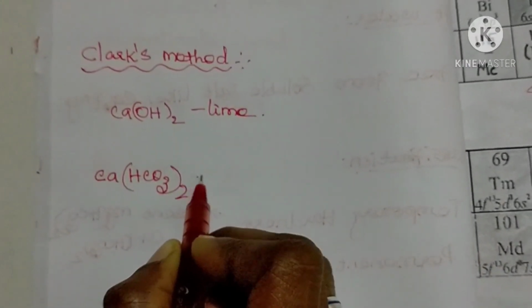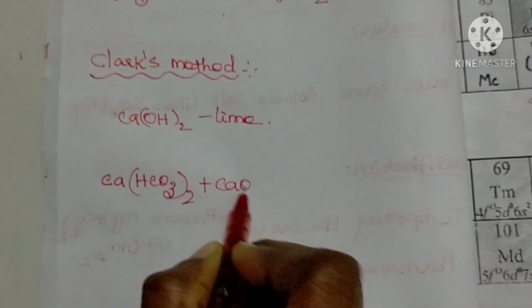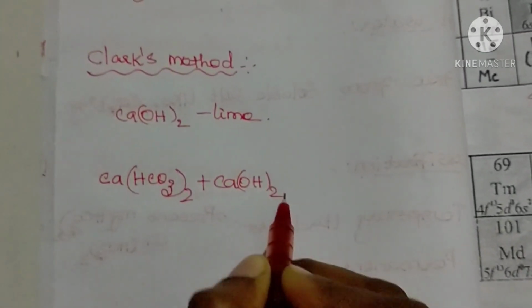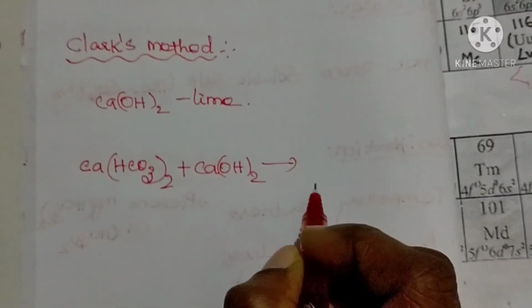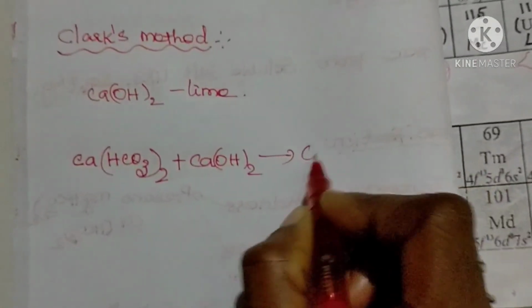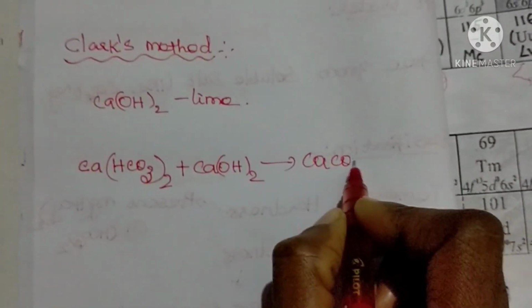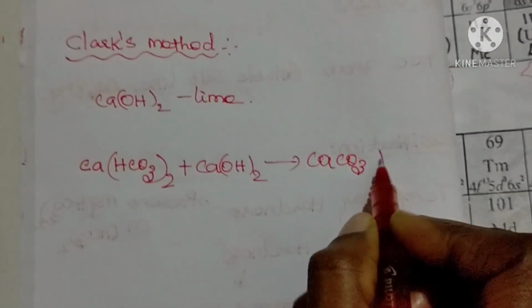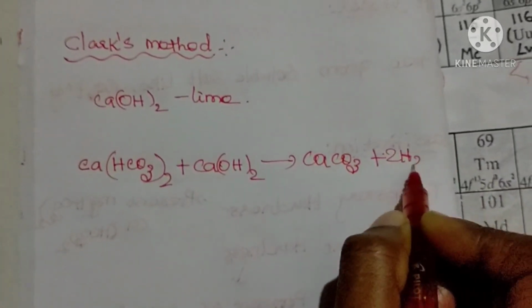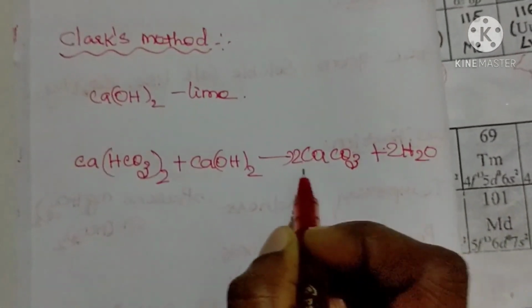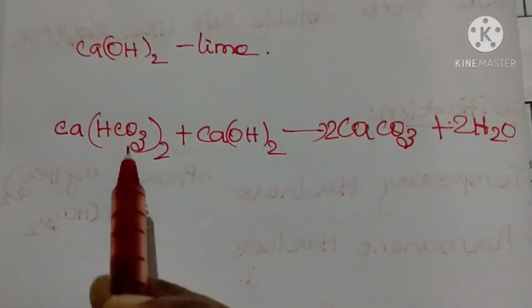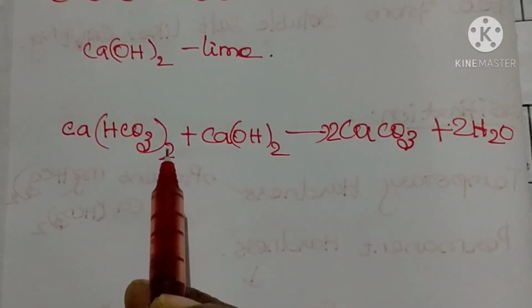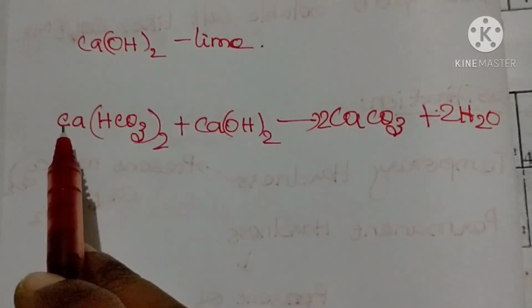So here we can write calcium bicarbonate treated with lime, calcium hydroxide, and it gives calcium carbonate as a byproduct and water. 2 molecules of calcium carbonate.